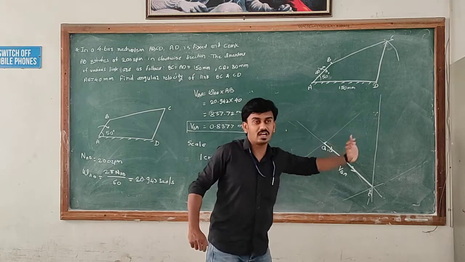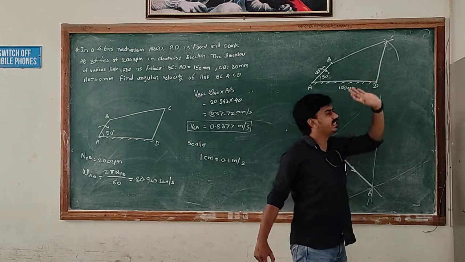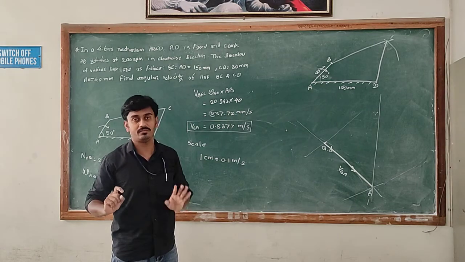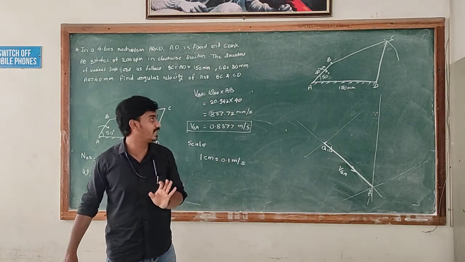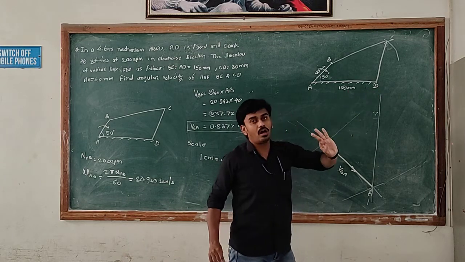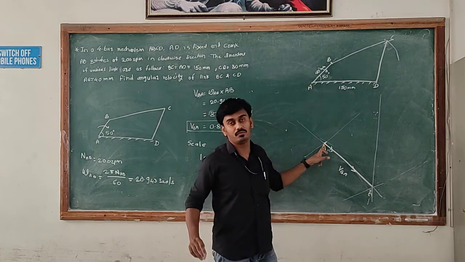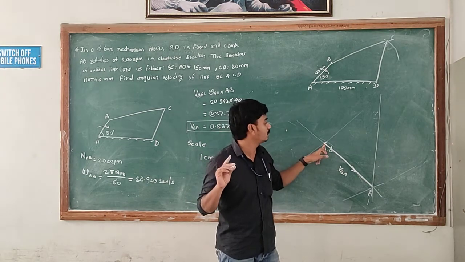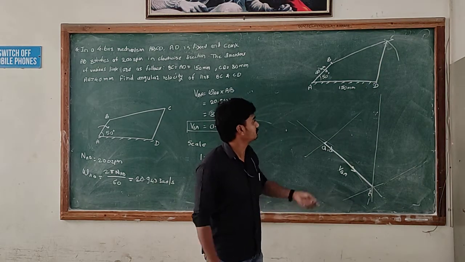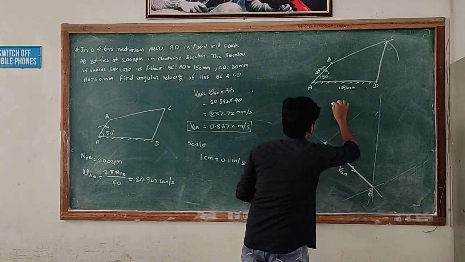Okay, now here is the link CD. Velocity vector of the link CD is always perpendicular to the link. So we will draw one line which is perpendicular to CD. First, to draw this perpendicular line, we will draw one parallel line to CD.